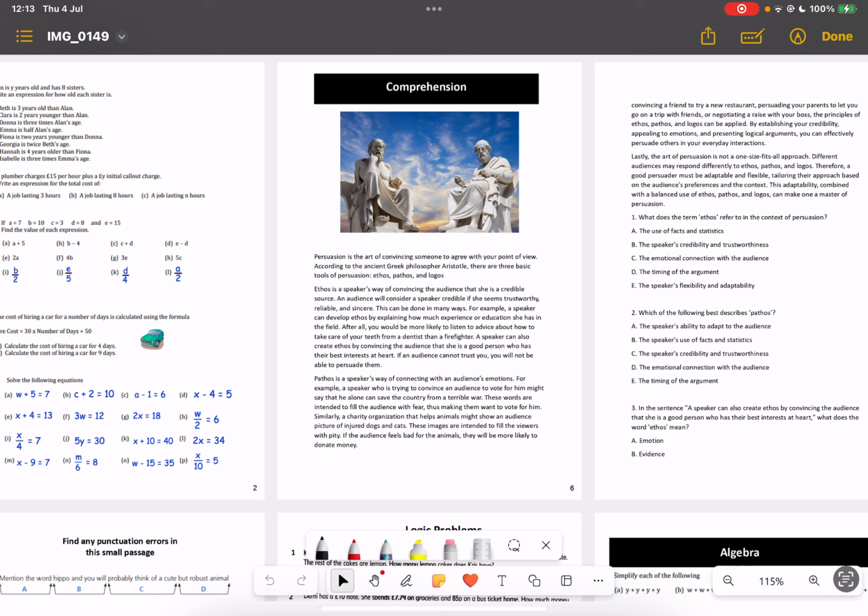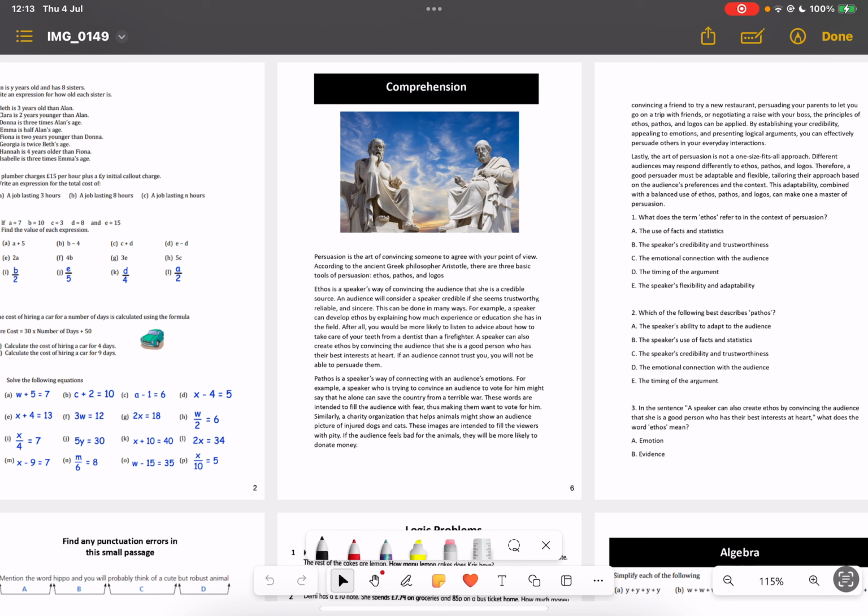Pathos is a speaker's way of connecting with an audience's emotions. For example, a speaker who is trying to convince the audience to vote for him might say that he alone can save the country from a terrible war. These words are intended to fill the audience with fear, thus making them want to vote for him.